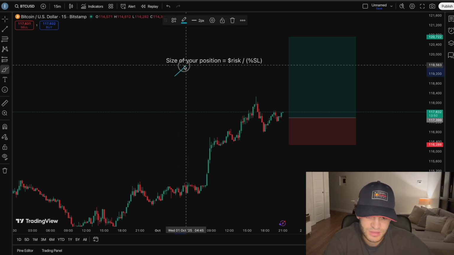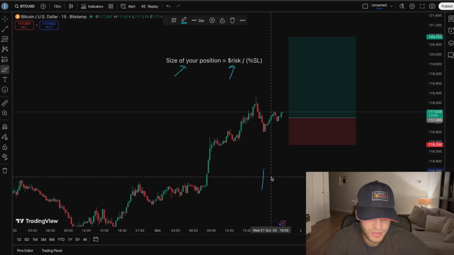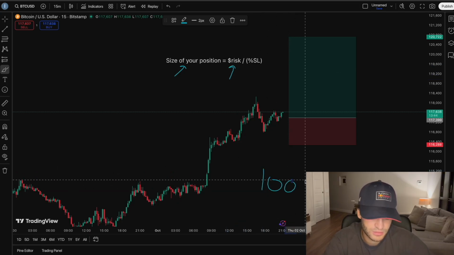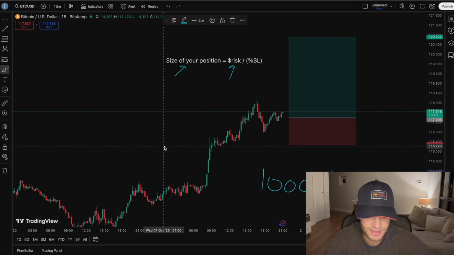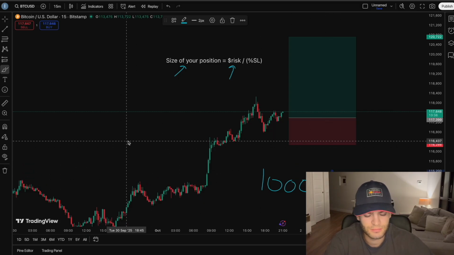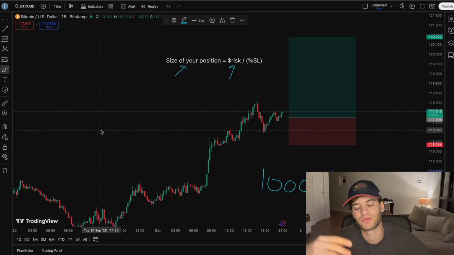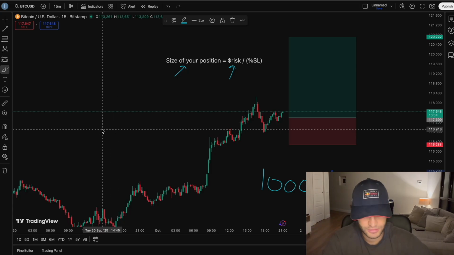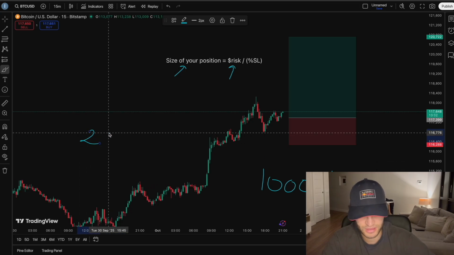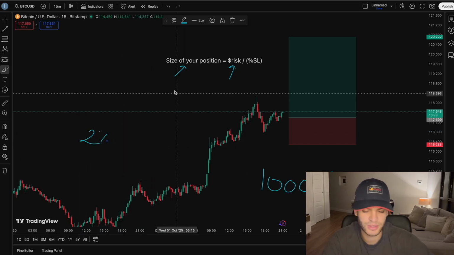We are looking for the size of your position, the dollar risk we have. Let's assume that we are trading with $1,000 on our account. As I said, you want to be risking 1%, but let's assume that we've gone through the course, that you've become good. So let's assume that we risk 2% per every trade, right?